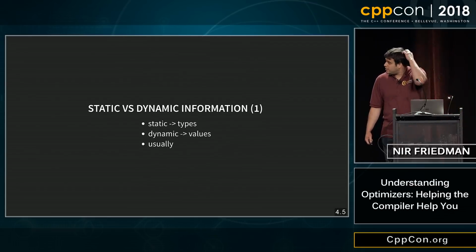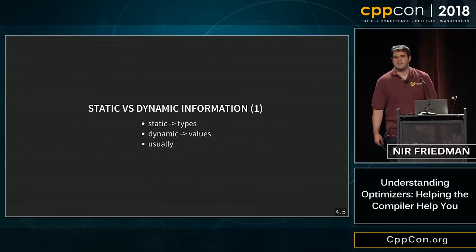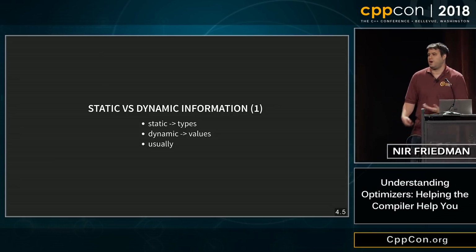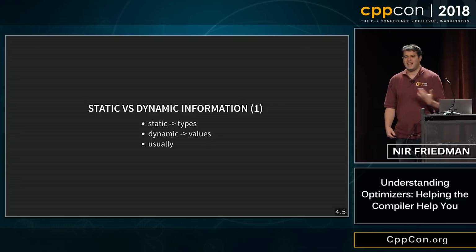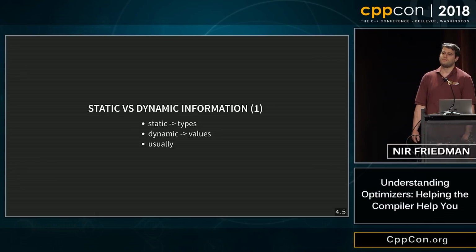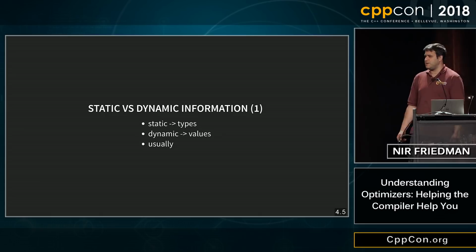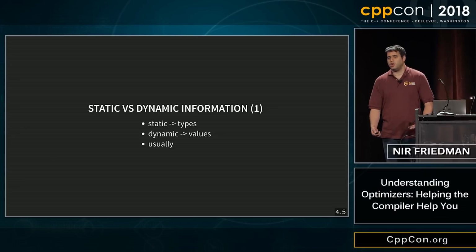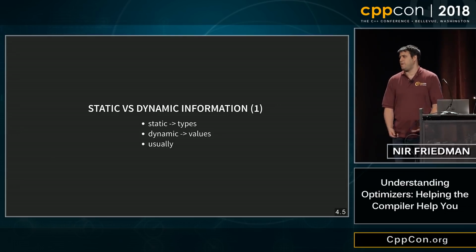Okay, another thing to think about from the compiler's perspective is that there's two types of information when you compile a program, okay? Very basically. There's static information and dynamic information. Static is basically whatever enters at compile time, and dynamic is whatever enters at runtime. So very, very broadly speaking, this isn't literally true, but static information is reflected by types, or at least all types have to be known at compile time everywhere locally.